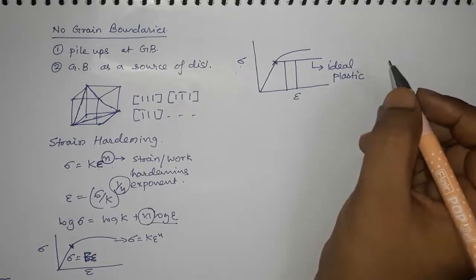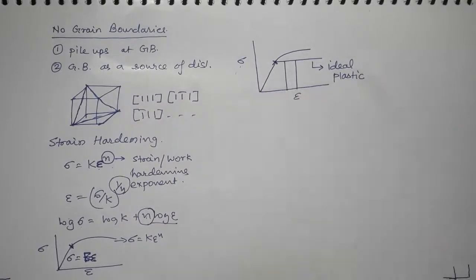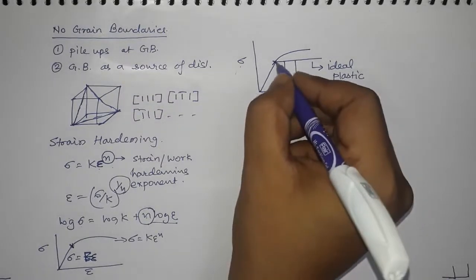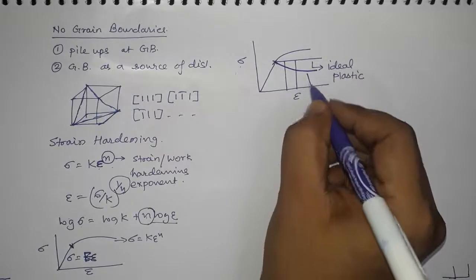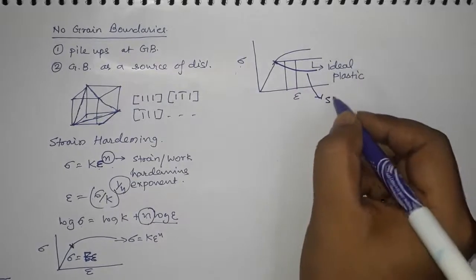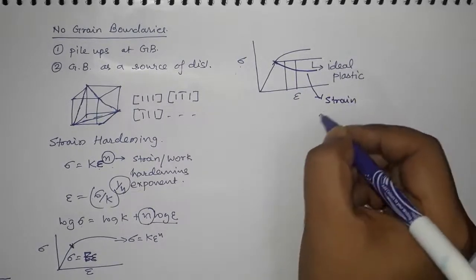Okay, the other form could be that in order to increase the strain, you don't really have to increase the stress, but the stress will drop, and this will be called strain softening, right?